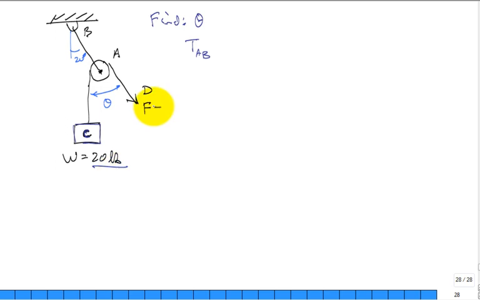Can you tell me what F has to be? 20 pounds, continuous through that cable around that frictionless pulley. So we want to solve for the tension in this cable, A to B, and this angle theta.